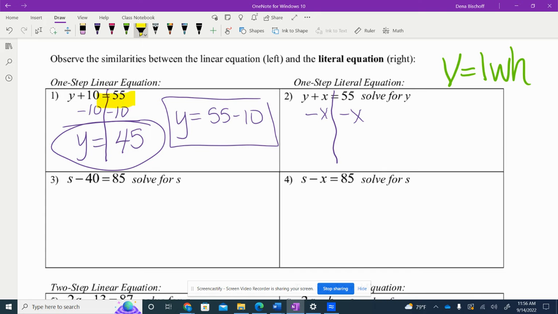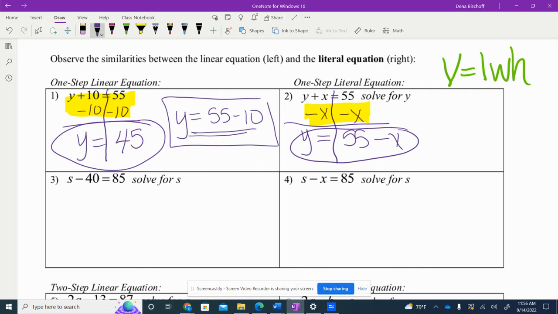Look at this. Subtract 10 from both sides compared to this. We're just doing the same thing, except that instead of a number 10, we're subtracting a variable x. Same concept though. Y equals 55 minus x, which is very similar to y equals 55 minus 10, which we simplified. I just can't simplify this one.